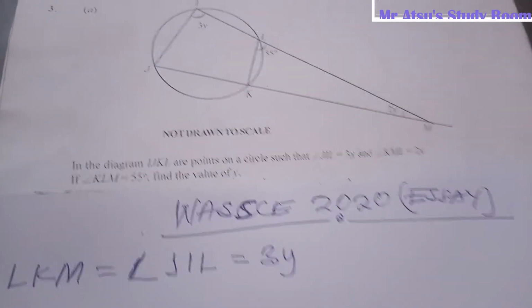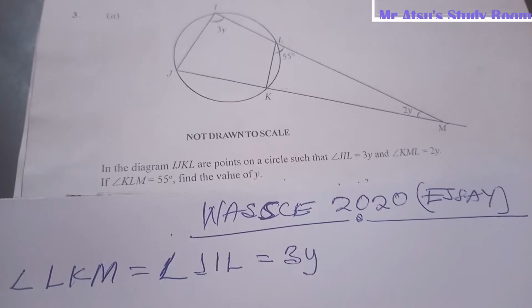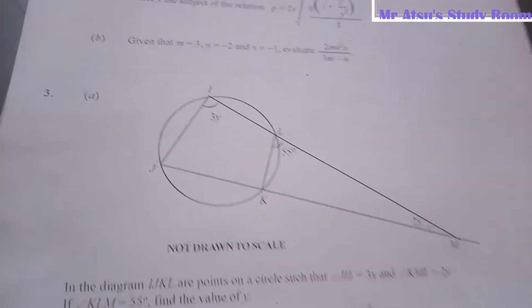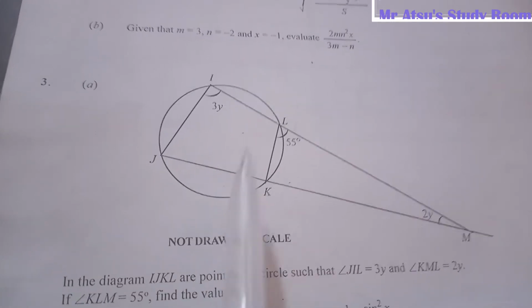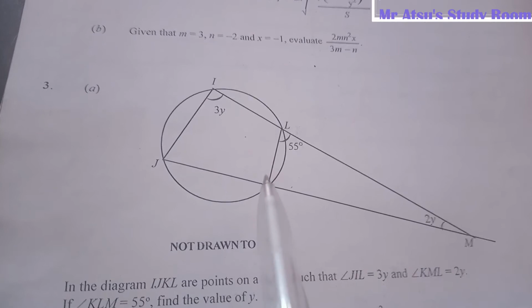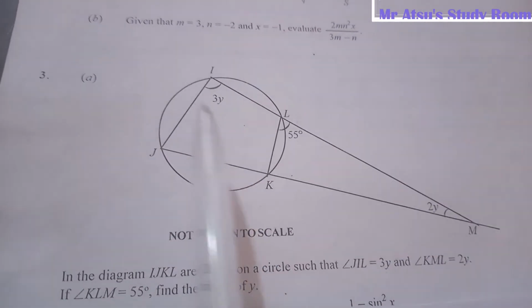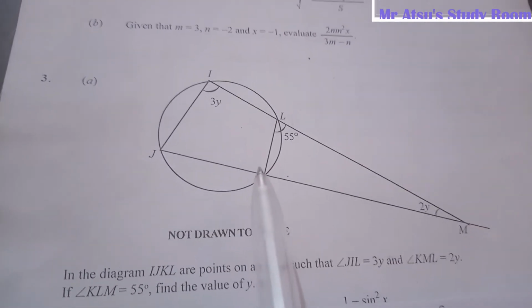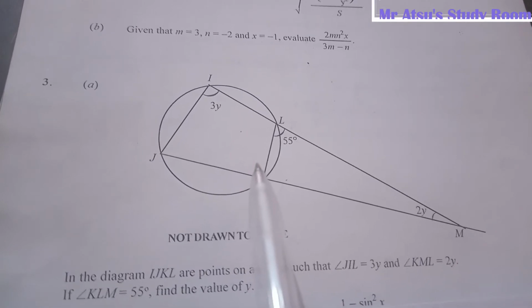Angle LKM equals angle JIL equals 3y. And this is the reason why. This is a cyclic quadrilateral, and this plus this should give us 180 degrees. Is that not so? Yeah, that is true.